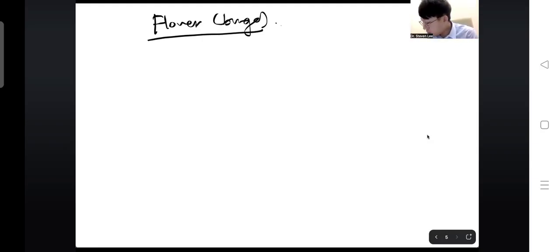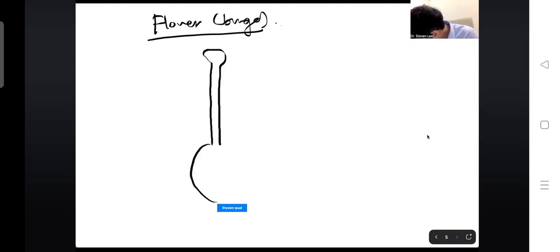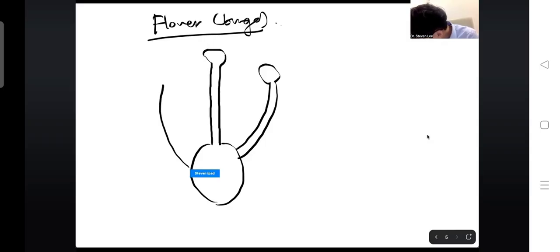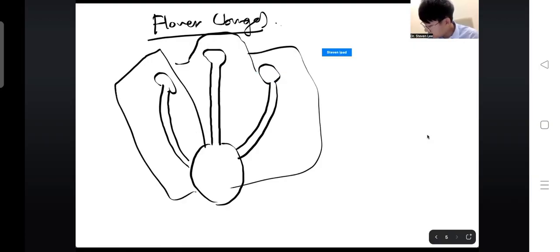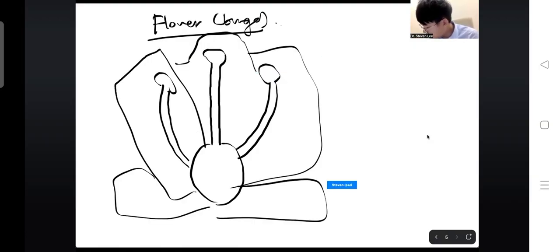So let me show you. Okay, my drawing sucks and I know it, but it's enough for you to understand lah, basically.